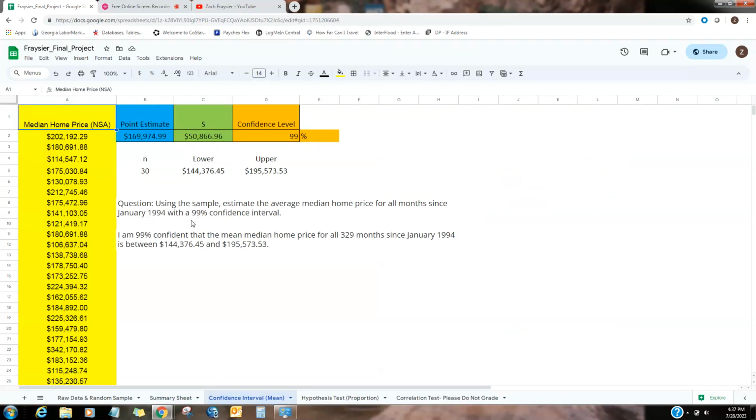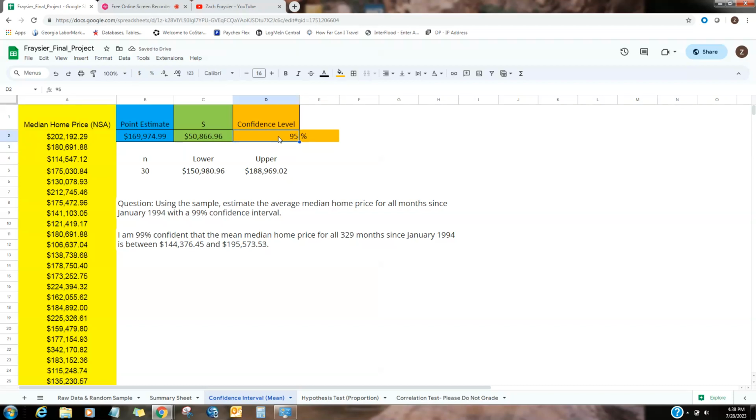Confidence interval. The question is, using the sample, estimate the average median home price for all months since January 1994 with a 99% confidence interval. I am 99% confident that the mean median home price for all 330 months since January 1994 is between 144,376 and 195,573. Play around with this and do 95, that's going to tighten up.